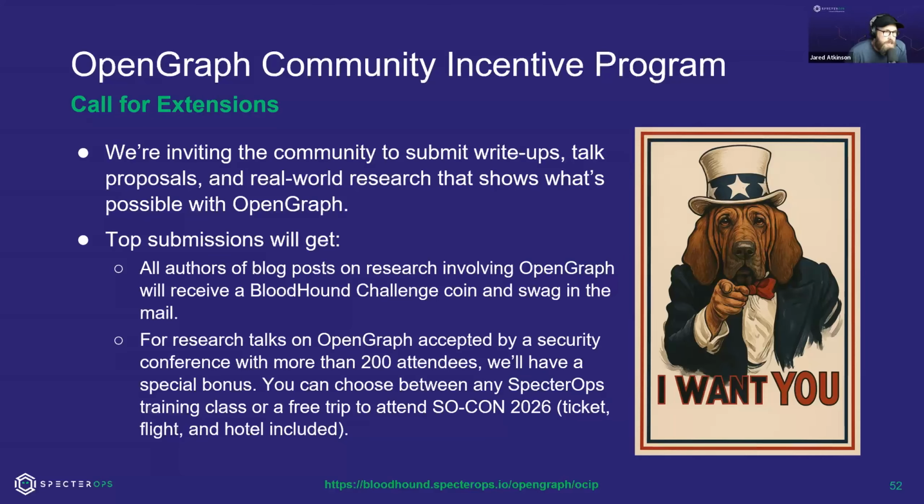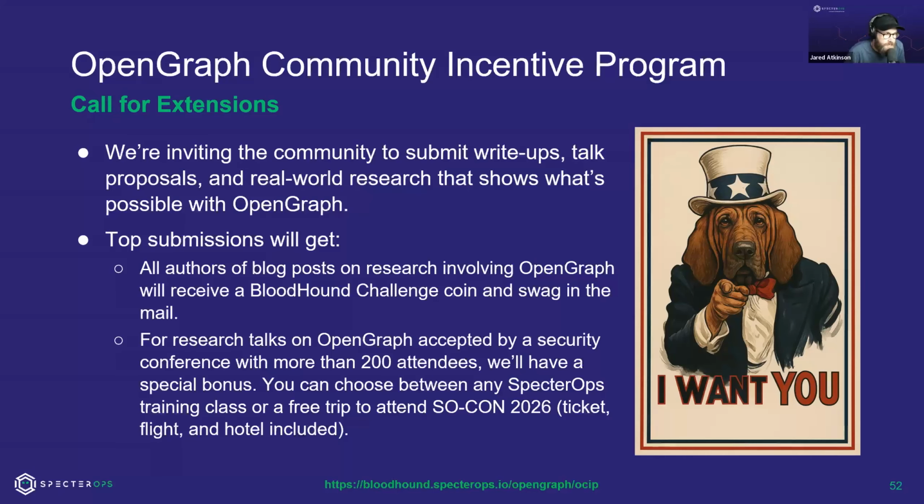So if you submit a write-up or a talk proposal or real-world research that's related to Open Graph, we are reserving, I think it's 10 opportunities for people to either get some sort of financial bonus or the ability to attend our SO-CON event in 2026.